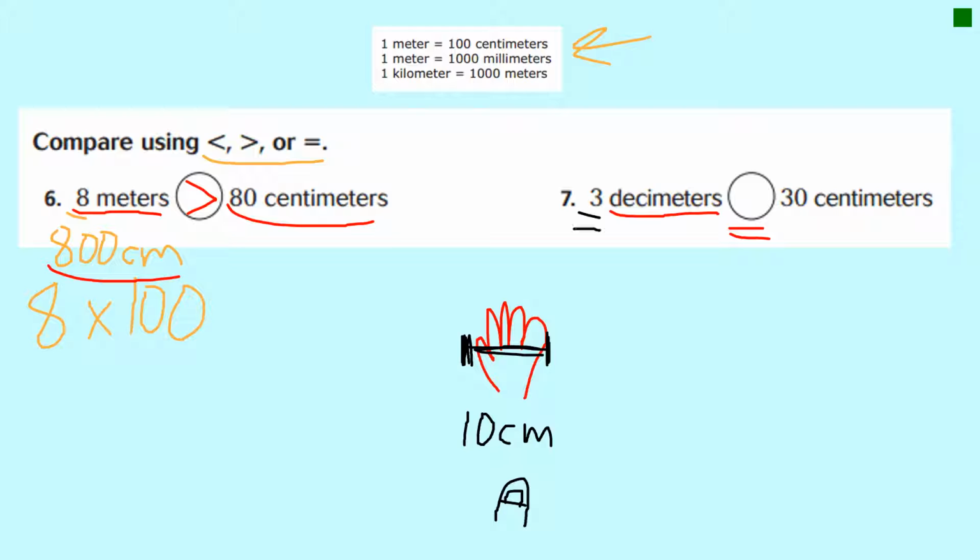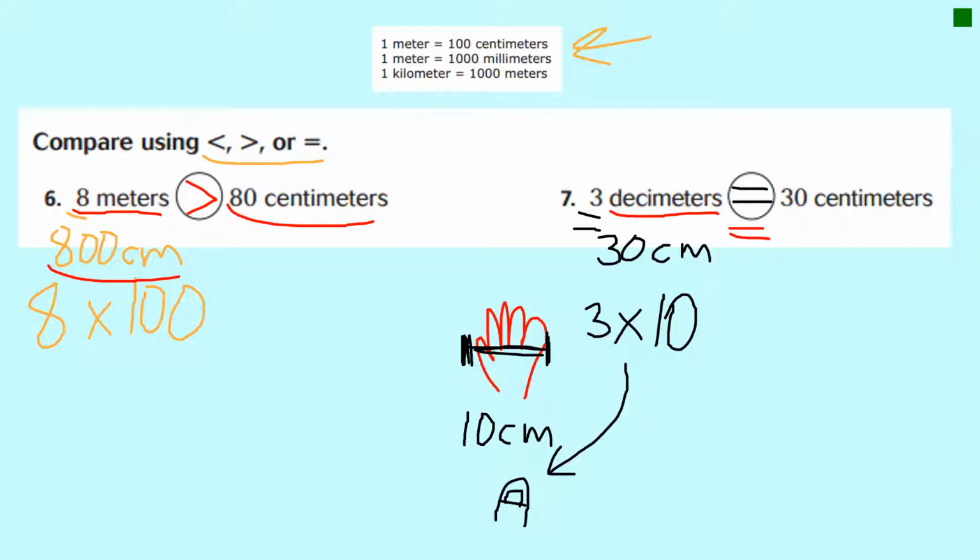If you have 3 decimeters, you have 3 sets of 10 centimeters. 3 sets of 10 is, of course, 30. So 30 centimeters is equal to 3 decimeters. Oh, maybe I said equal at first because I had a premonition.